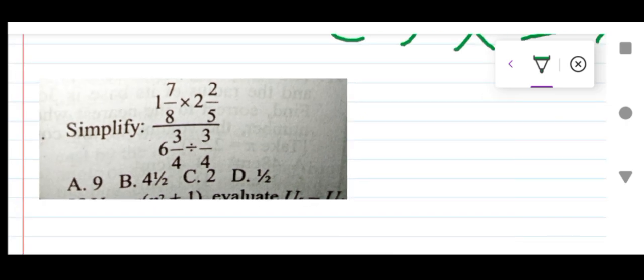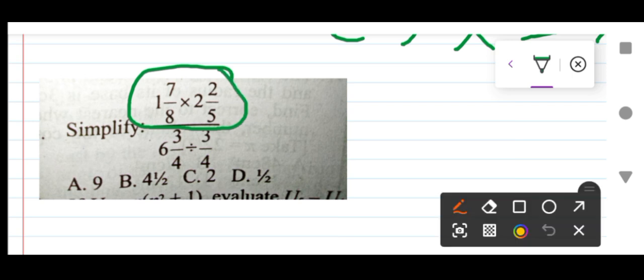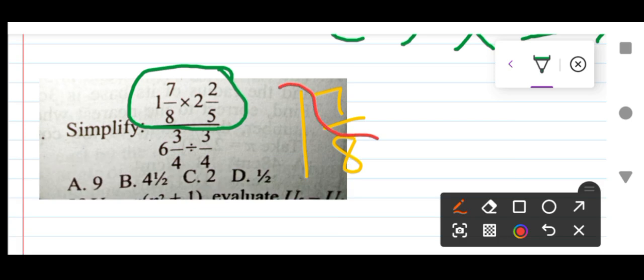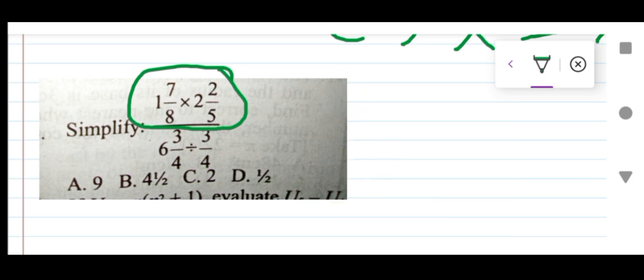The first part is 1 whole number 7 over 8. What you want to do in this case is multiply: 1 times 8 plus 7, that's 15 over 8. So the first part of the numerator is 15 over 8.